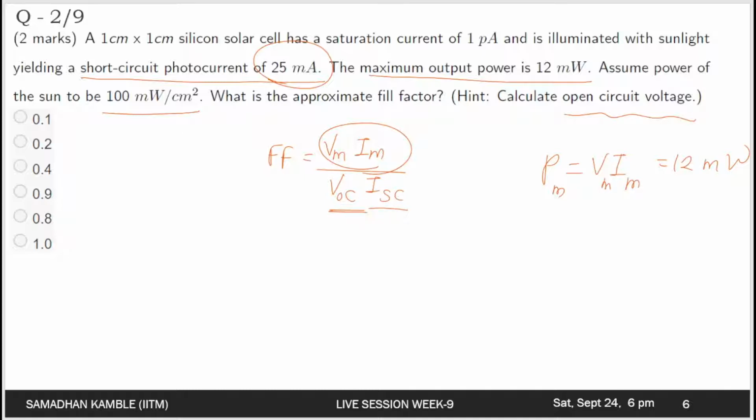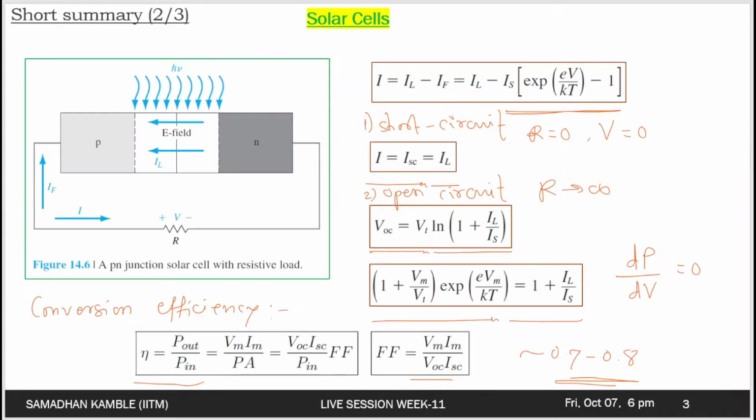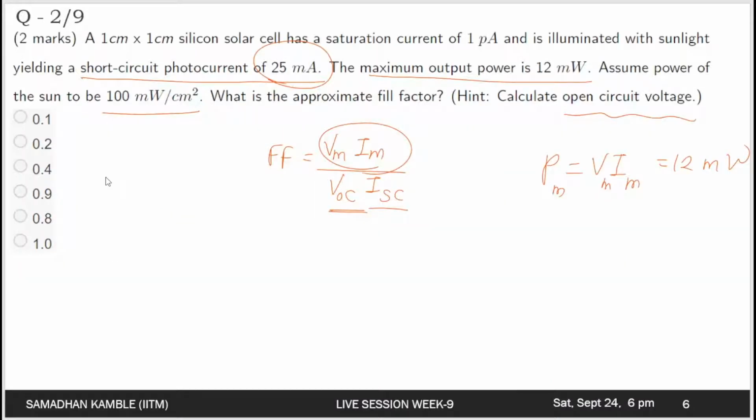For VOC, let us go to our formula section and see if we can find one. This formula will give us the VOC, that is Vt times ln of 1 plus IL over IS. So VOC is given by kT over q, that is Vt, times ln of 1 plus IL over IS, where IS is the saturation current.